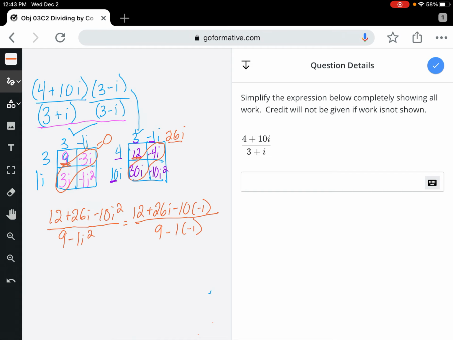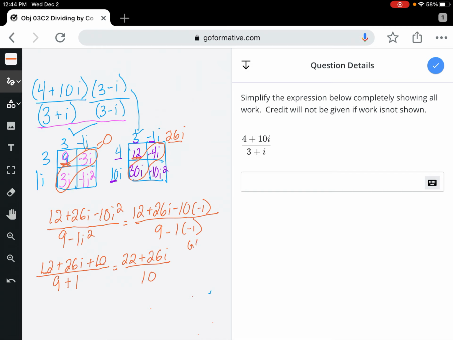Okay, so I end up with 12 plus 26i plus 10 over 9 plus 1. I can combine my like terms. It's going to be 10 plus 12 is 22 plus 26i over 10.